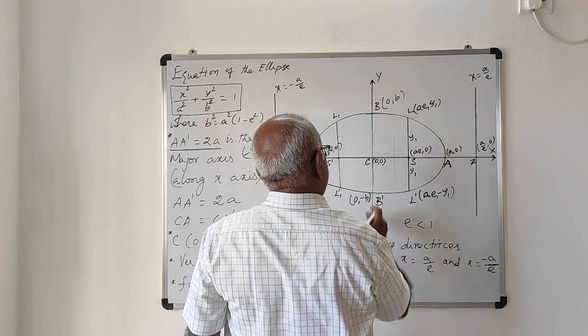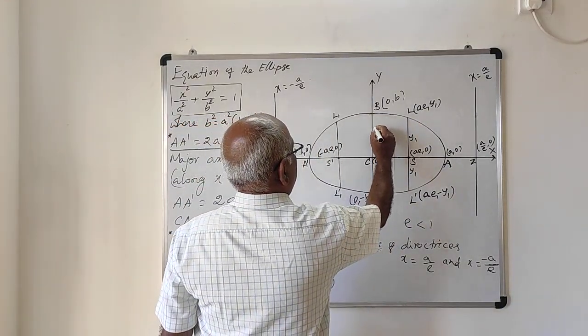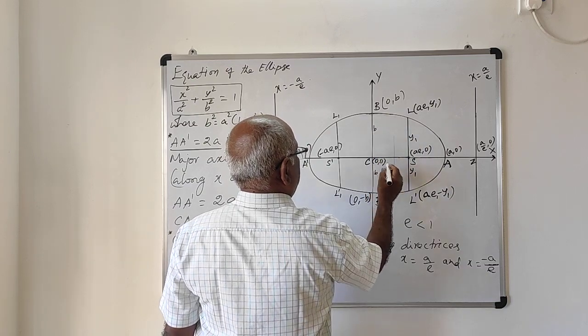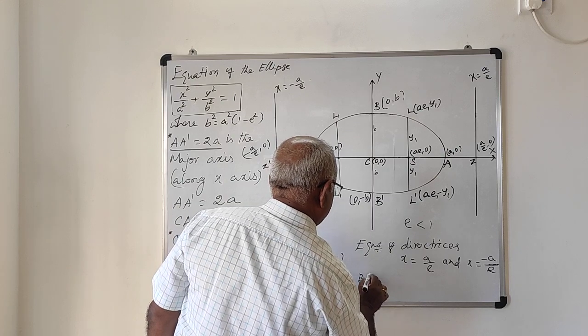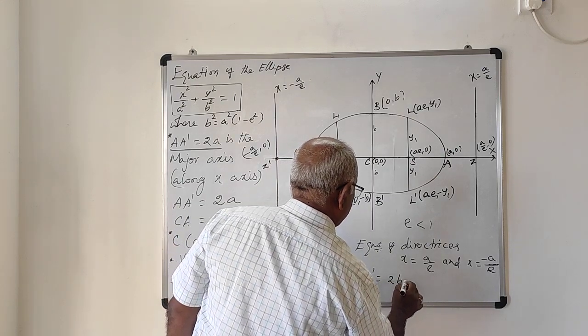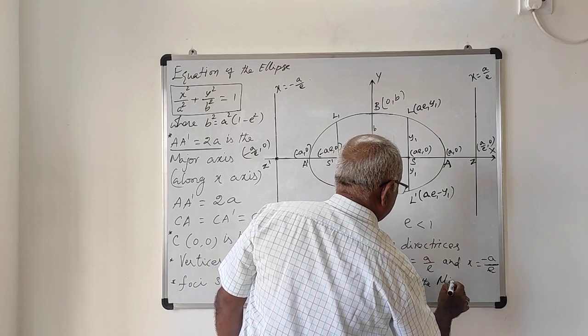B B dash is the minor axis, whose length is 2b. This is b and this is also b. Therefore, total length is 2b. B B dash equal to 2b is the minor axis of the ellipse.